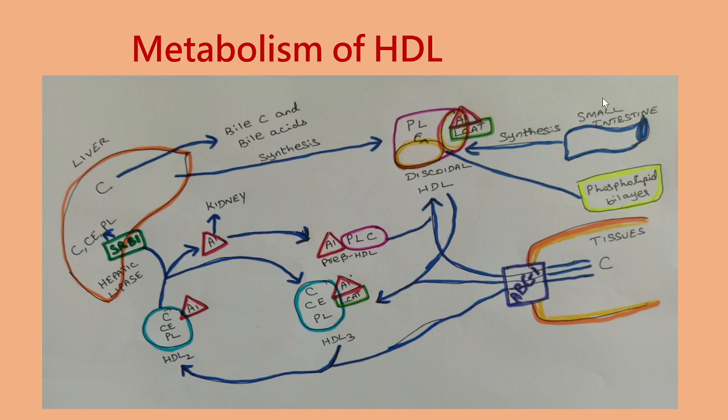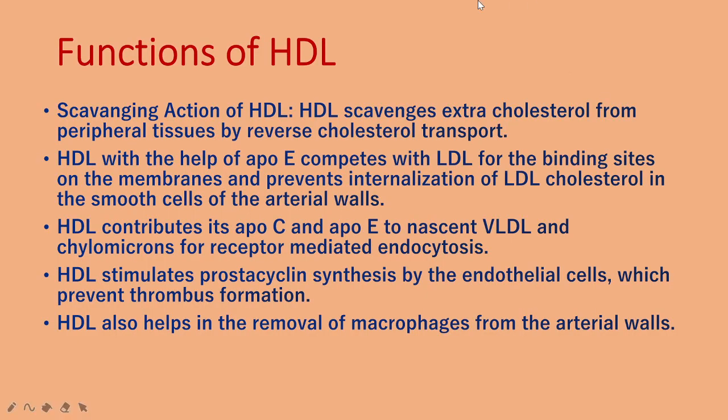So the functions of HDL are to scavenge. HDL scavenges the extra cholesterol from the peripheral tissues by reverse cholesterol transport. With the help of ApoE, HDL competes with LDL for the binding sites on the membranes and prevents internalization of LDL cholesterol in the smooth muscle cells of the arterial walls.